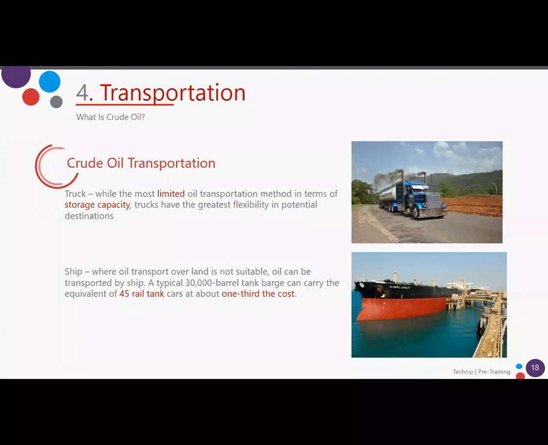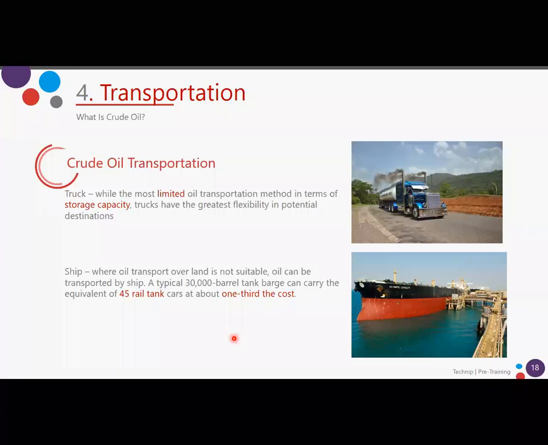Nowadays, you can have tankers that can carry up to 2 million barrels of crude oil. If you multiply by the crude oil prices, they carry very expensive material inside each tanker when you transport these very big quantities of crude oil.